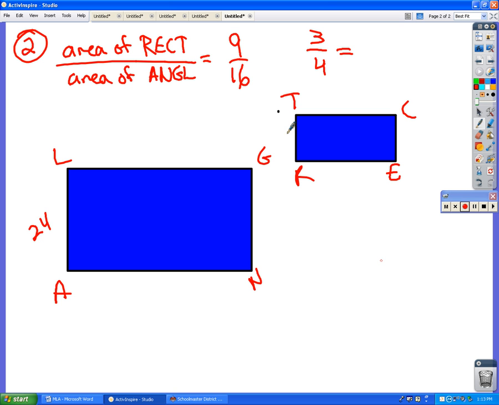So now if I want to figure out this missing side right there, I'm going to set this equal to another fraction. Does the x go on the top or does the x go on the bottom? How do you know? Because it's smaller. Yeah. Okay. The 9 is smaller than the 16, and this rectangle is smaller than this rectangle.